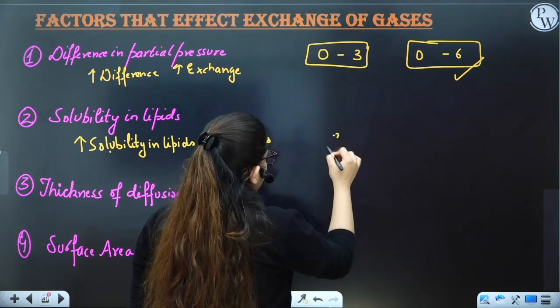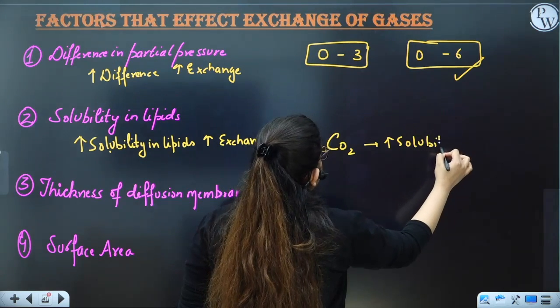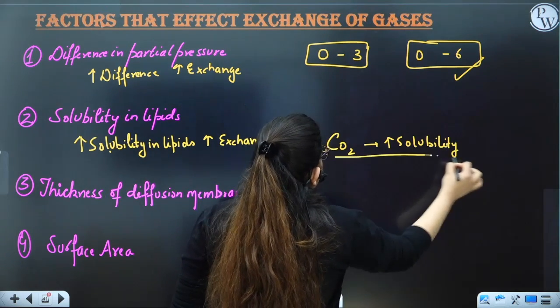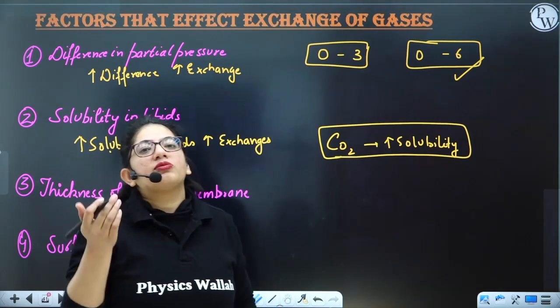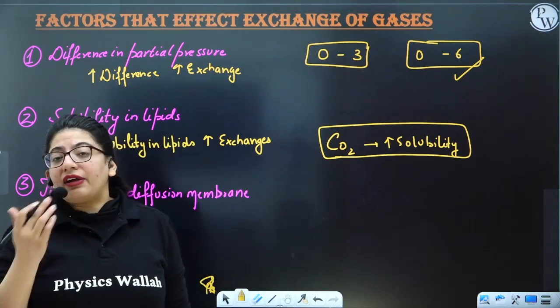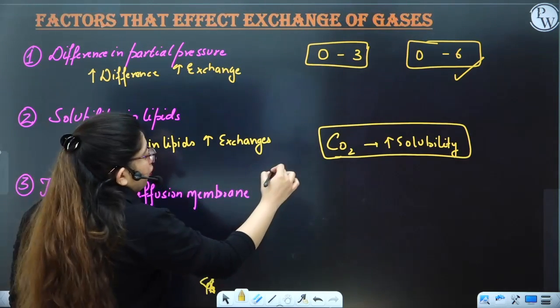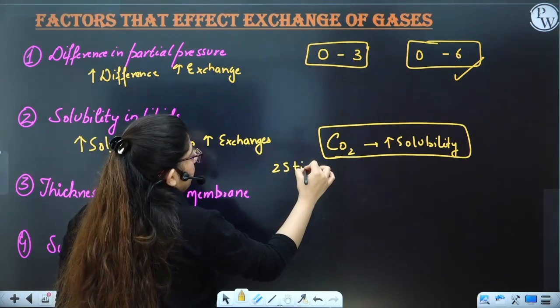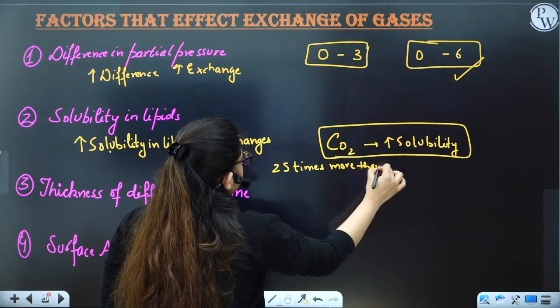CO2 has higher solubility in lipids. So that's why the exchange of CO2 is around 25 times more than the oxygen. Alright, so how much more? 25 times more than oxygen.